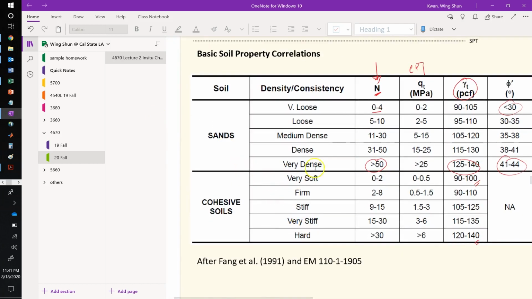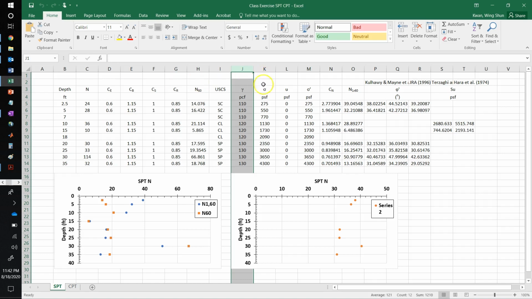So you know the SPT N, and you know whether it is sand or clay, and then based on SPT N we can assume the unit weight. We will need this unit weight later on for our N160 corrections.